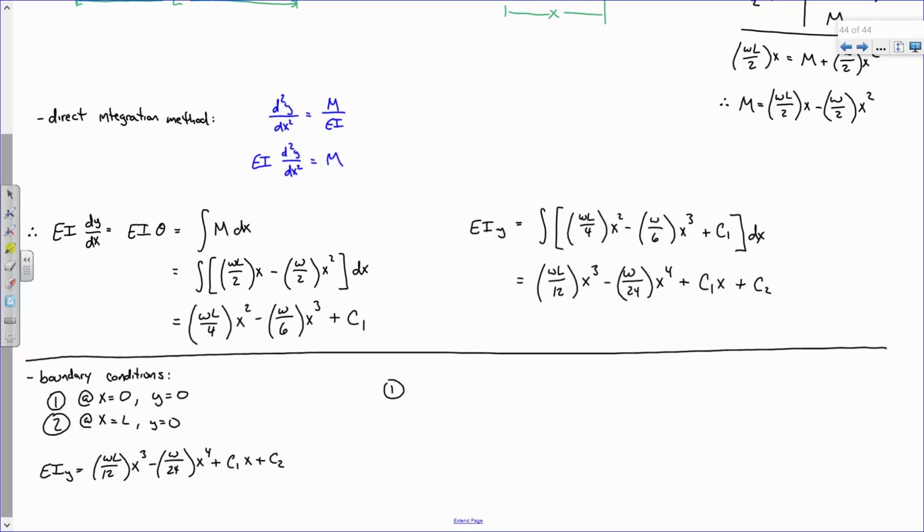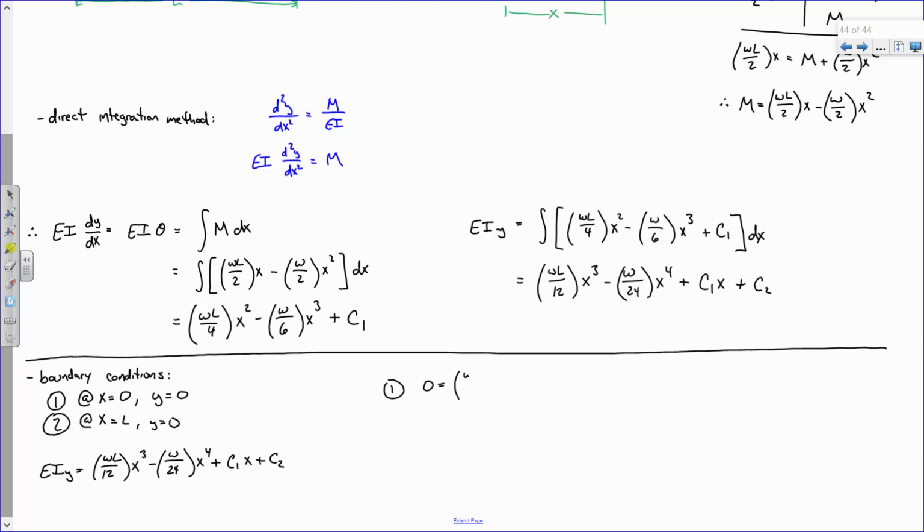So the first one, let's take a look at our equation. We have EIY equals a bunch of crap. For our first boundary condition, what is y? 0. So this EIY term right there, that is 0. So 0 equals a bunch of junk. What do we have?